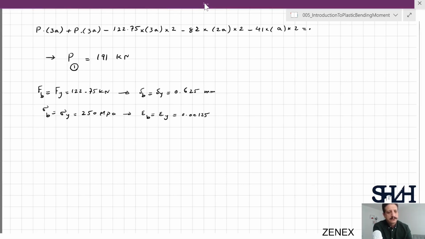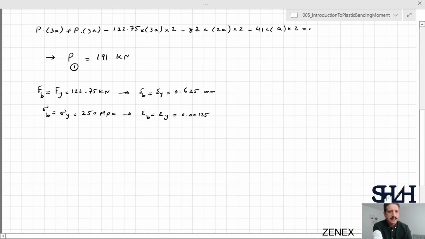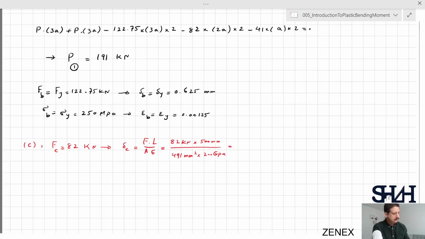Here we can also calculate the sigma in other members and also the strain and deformation. For element C and similarly C prime, Fc is 82 kilonewton, and delta C will be FL over AE, so it will be 82 kilonewton times 500 millimeter divided by 491 square millimeter times 200 gigapascal. So 0.42.